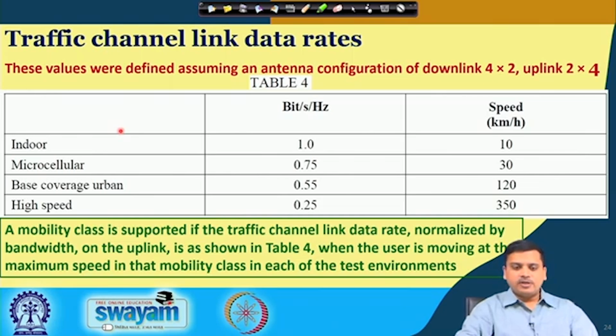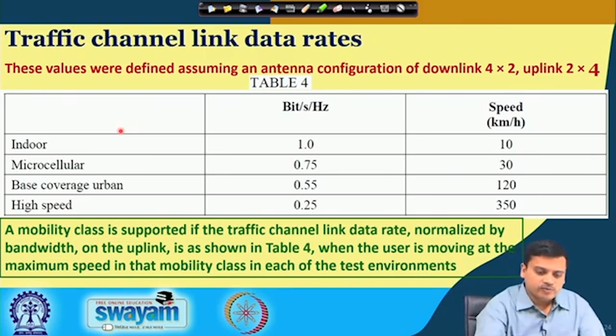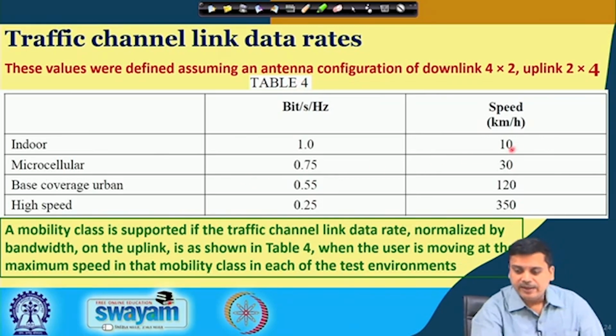In this particular slide, what we see is the traffic channel link rates. The mobility class is supported if the traffic channel link data rate normalized by the bandwidth on uplink is as shown in table 4 in the specific document which we are referring to. In indoor conditions it is stationary, and the test condition says 10 kilometers per hour.